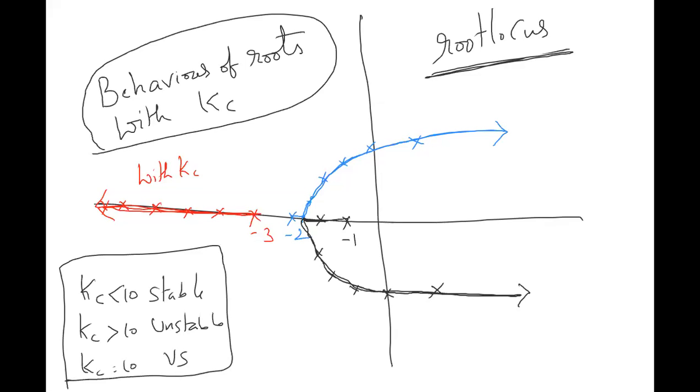Let's say s plus 3 is one, so you have 3 systems. That means every root is a first order system. What this tells you is that this particular system has no effect on the stability. This particular system is always stable with Kc.